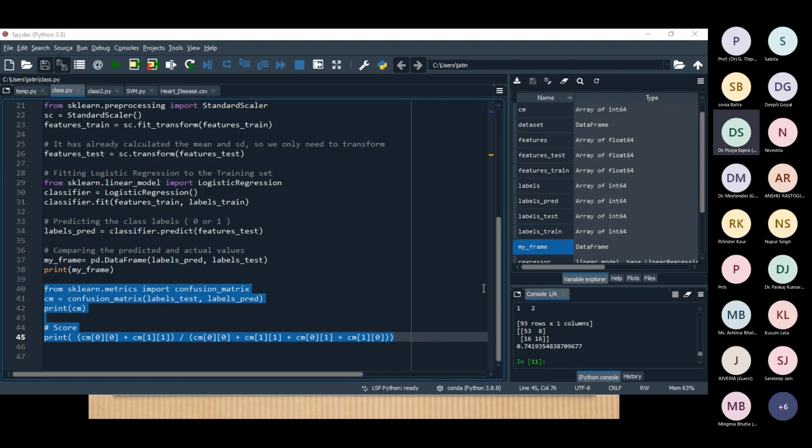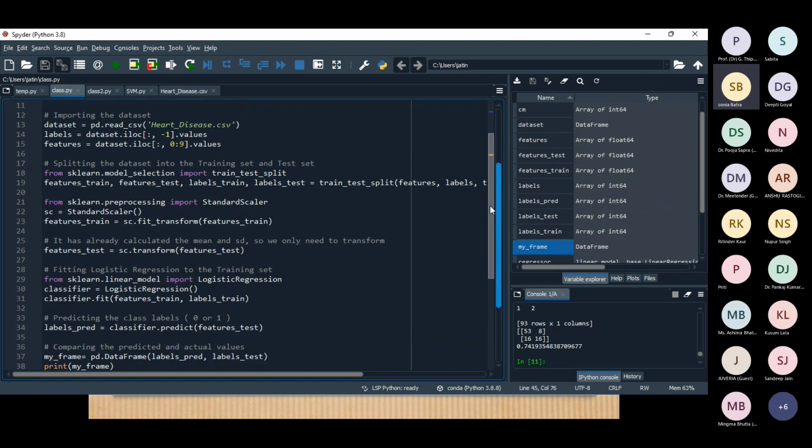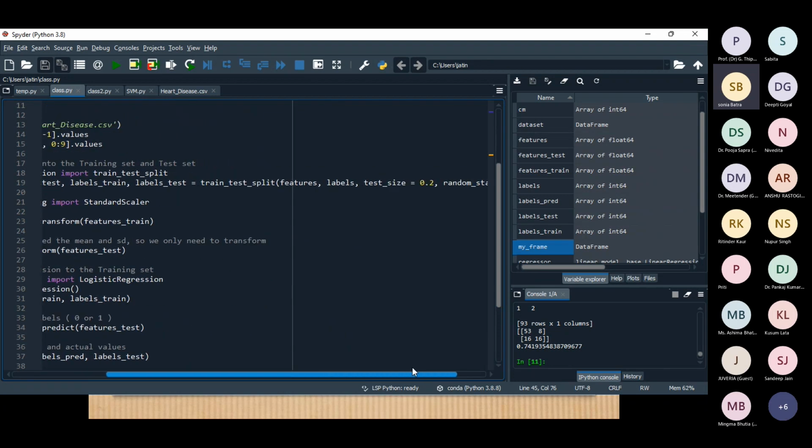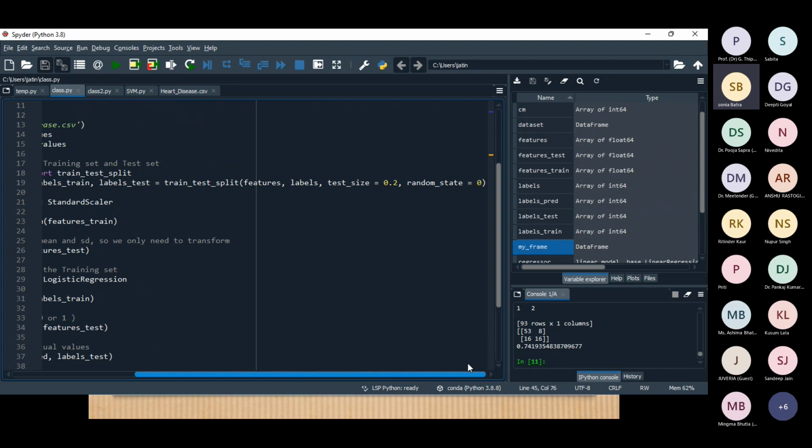Please let me know if it is done, then we can move forward. Hello, ma'am. Yes, yes, ma'am. Ma'am, line number 19. A request is there. Please scroll the window to the right side for line number 19. Thank you, ma'am.